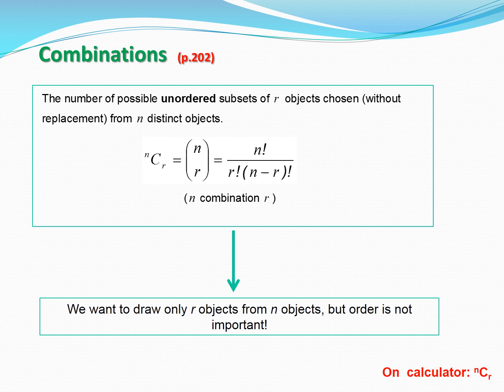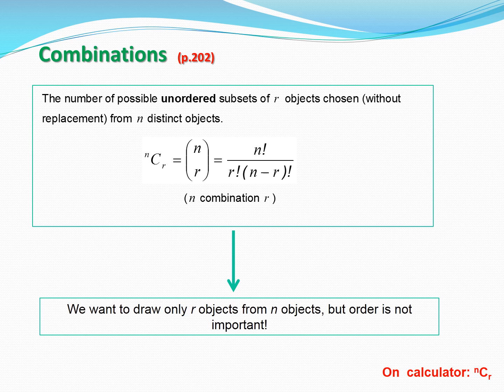For combinations, you also have a total of n objects, and you only want to draw R objects from those n objects, but now the order is not important, and we only do combinations without replacement. The notation that we use to indicate that is this or this one, and it's read as n combination R. Please note that for this notation, it's not n divided by R. That's a function.